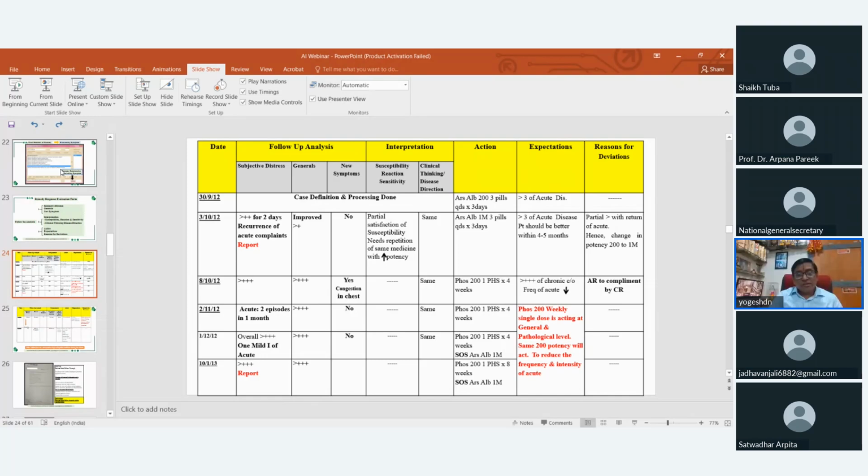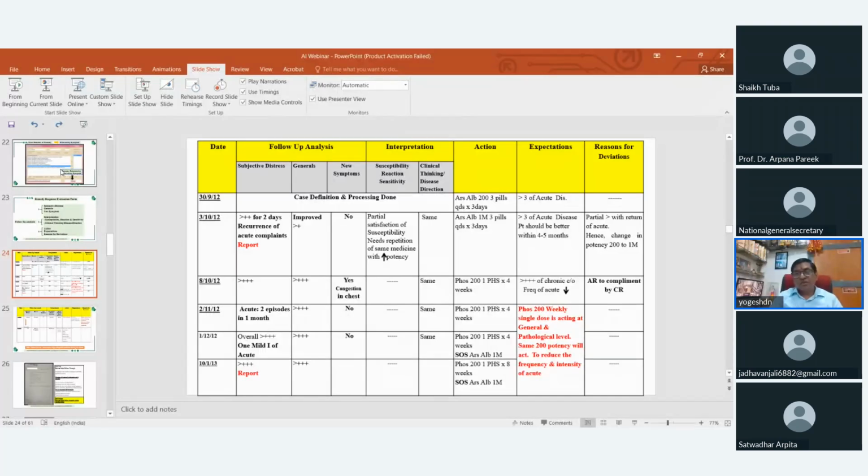So with that, partial satisfaction of susceptibility, it needs repetition of the same medicine with increased potency. So the clinical thinking remains the same. I am not expecting the inflammation to go within 3-4 days at this pathological state. So I prescribed 1M, 3 pills QDS for 3 days, again with the expectation that the acute disease should ameliorate.